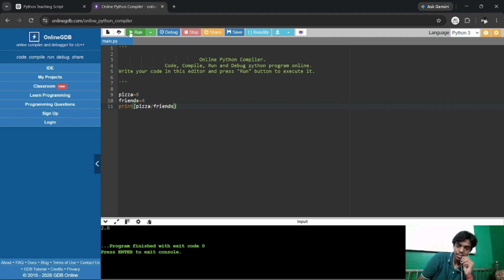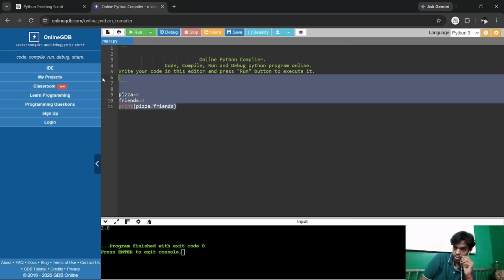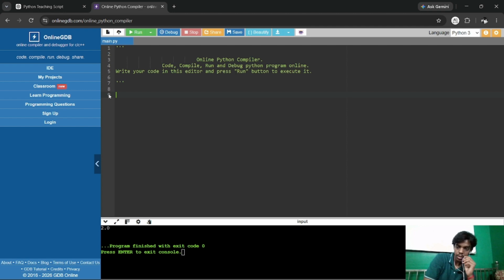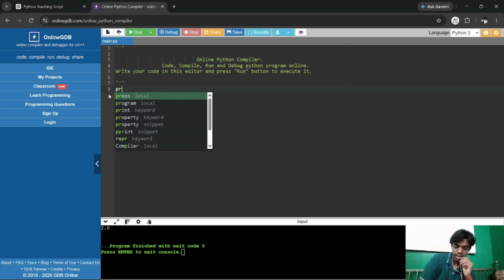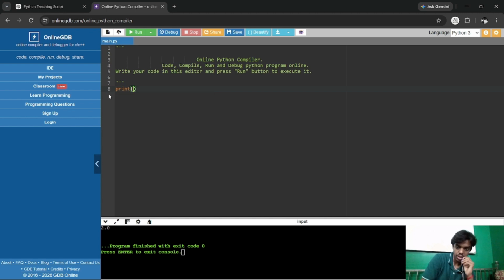So let's go with the next arithmetic operator, which is modulus, or what we call the percentage sign. This operator confuses many beginners, but after today's example, you will never forget it, right? So let's print here 10 mod 3.